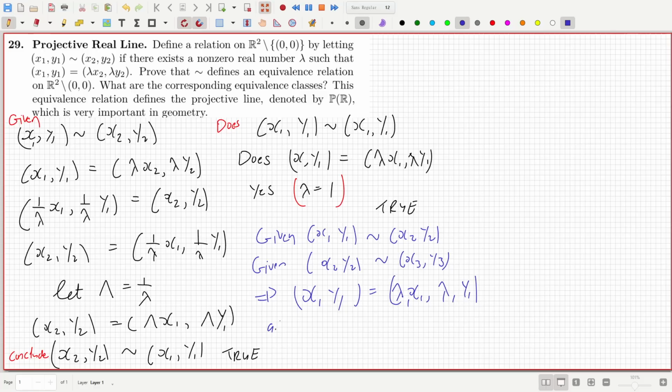And also you can say that (x2, y2) equals (λ2 x3, λ2 y3). Sorry, that should have been x2 and y2.